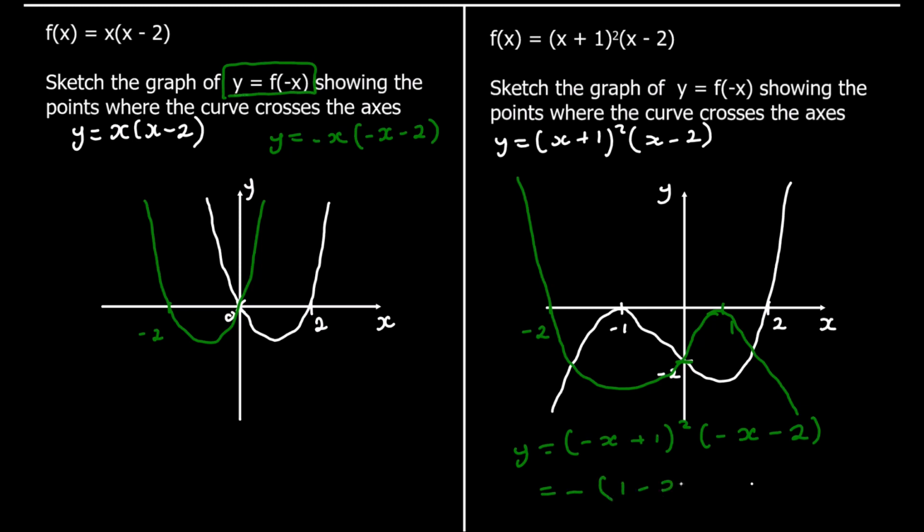So have 1 minus x squared times x plus 2. So you can see that it becomes a negative cubic because you've got a negative times negative times a negative, which is 3 negatives multiplied together, which becomes negative. And you can see that it goes through 1 and -2, with 1 being the repeated root.